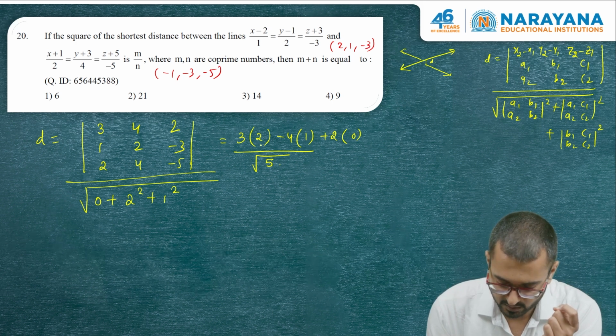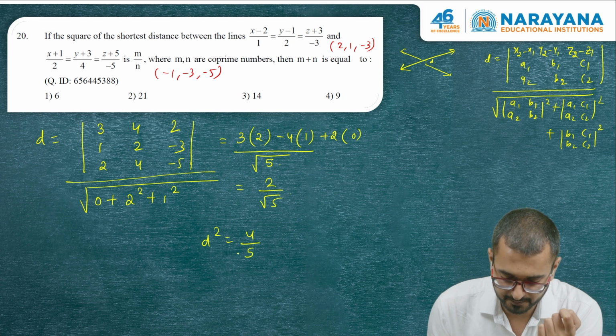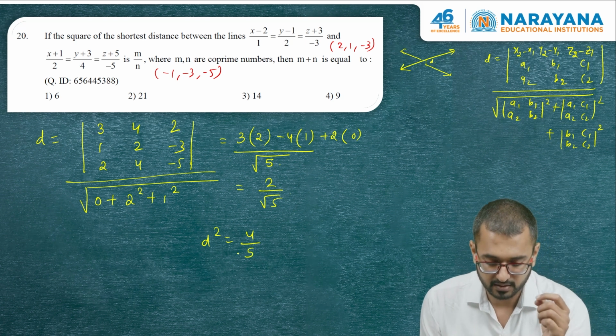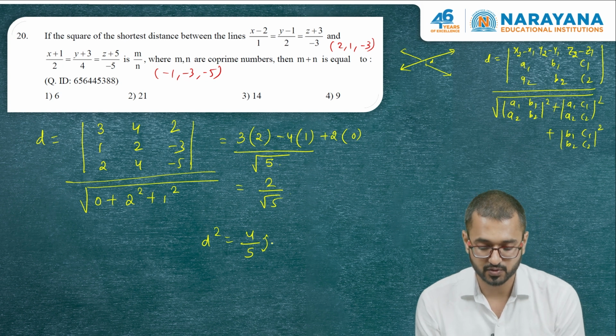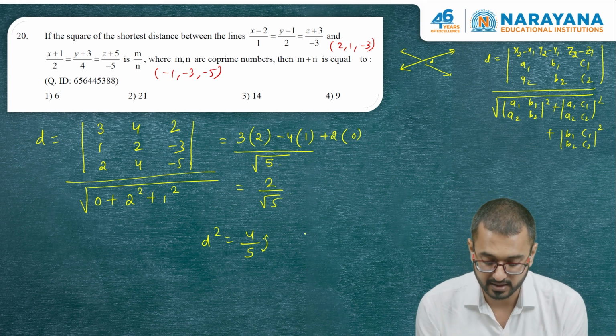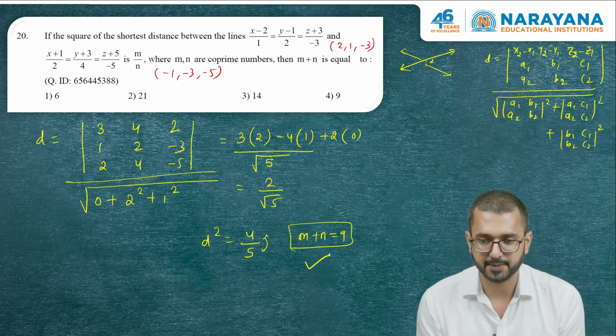Here we have 3 into 2, 6 minus 4. This is going to give me 2 over square root of 5. We want the square, so d square will become 4 over 5. Now we want m and n to be coprime. Yes, their GCD is 1, so they are coprime. So m plus n we want. So m plus n is going to be 9.